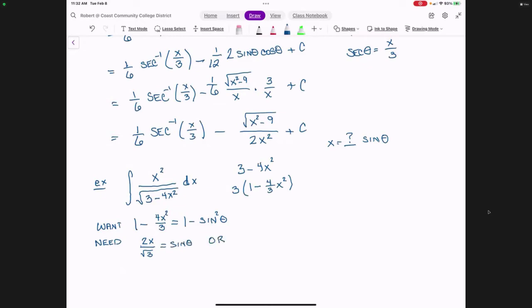Or x equals radical 3 over 2 sine of theta. Now we could also maybe factor the 4 out, and this is for you to do on your own.